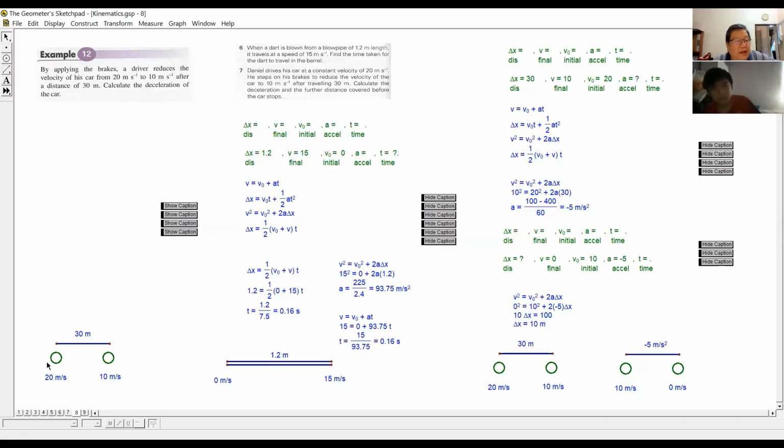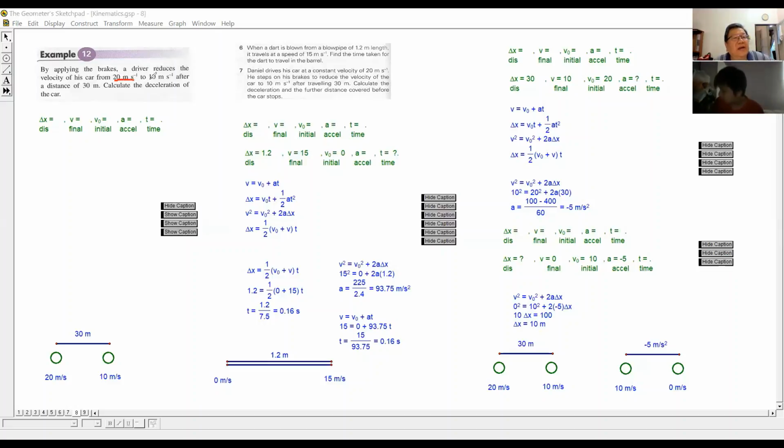So at first it's 20, and finally it is 10. The distance traveled is 30. Now again, we look at all the 5 variables, all the 5 physical quantities, and go through one by one.